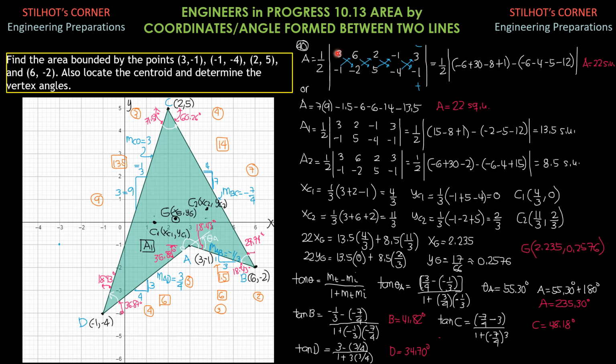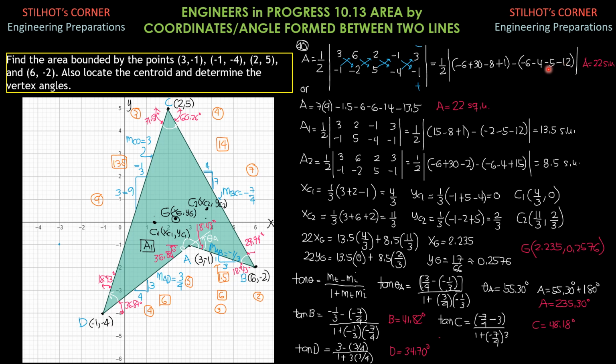So we have 1/2 of 3 times negative 2, so 1/2 of negative 6, 6 times 5, positive 30, 2 times negative 4, negative 8, negative 1 times negative 1 is positive 1, minus quantity, negative 1 times 6, negative 6, negative 2 times 2, negative 4, 5 times negative 1, negative 5, then negative 4 times 3, negative 12.